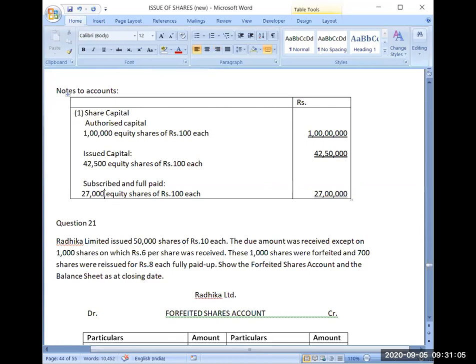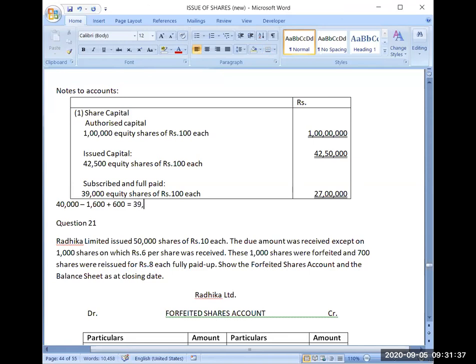Then subscribed capital, subscribed and fully paid. So 39,000 shares will be fully paid. How 39,000 shares will be fully paid? Because 40,000 you have received applications, then 1,600 have not paid you final call money, and then again you have reissued 600.